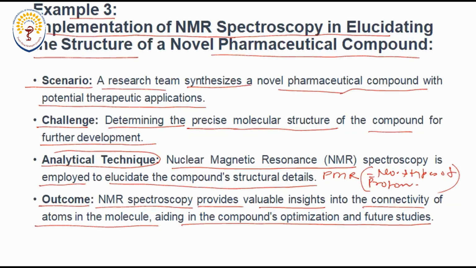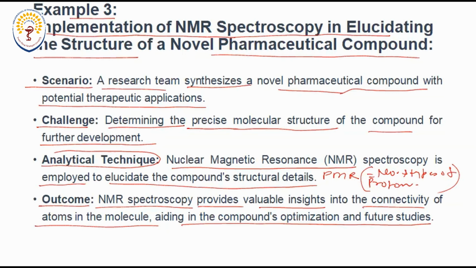There is one more important thing to note, dear students, is that you must understand that only one technique is not employed. Like for example, here in this example we are characterizing the molecule, but there is not only one technique which we are applying. We are not just applying NMR, we will also apply mass.